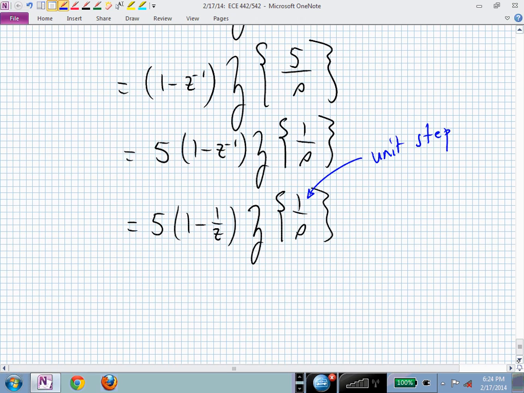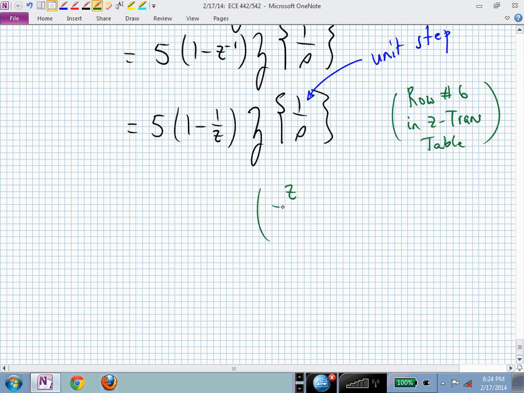You should already have all of those rows on that table that I gave you memorized. Row number 6 in the Z transform table, that was this Z over Z minus 1.